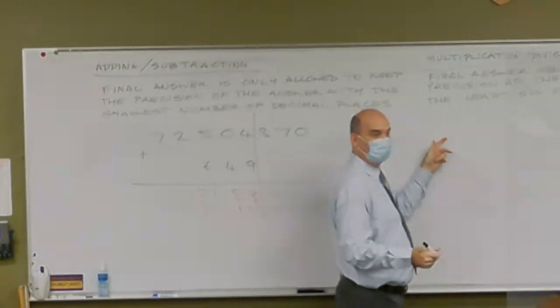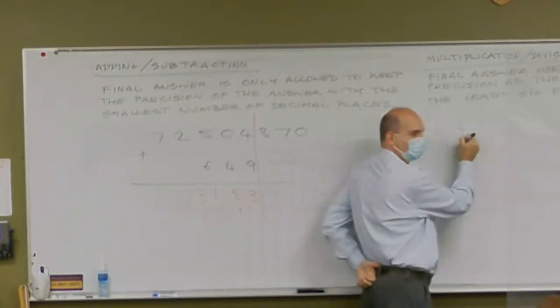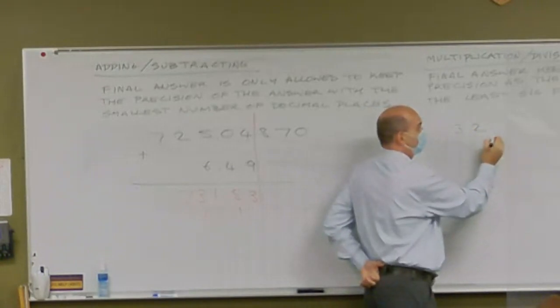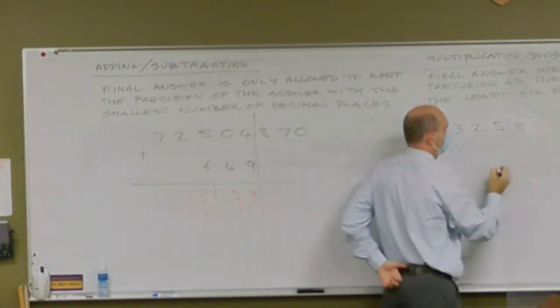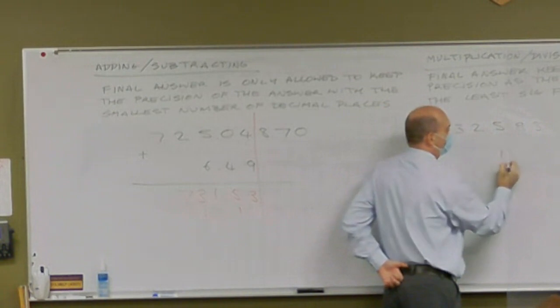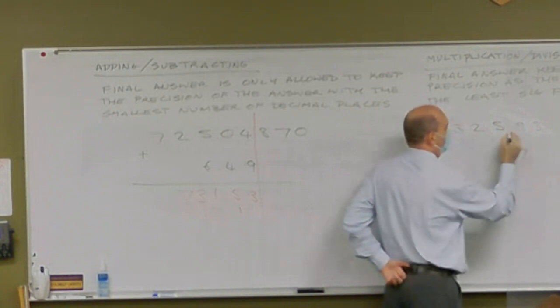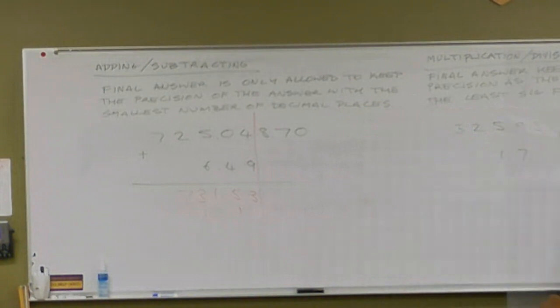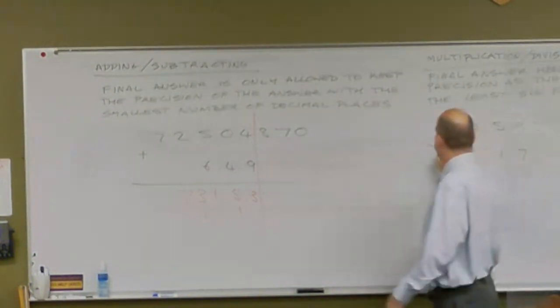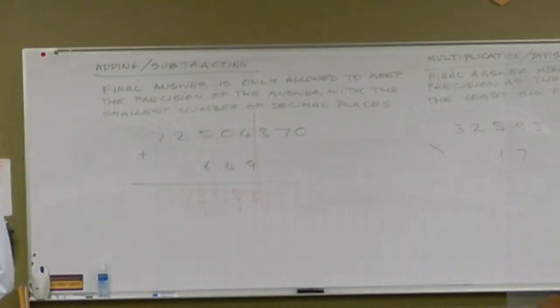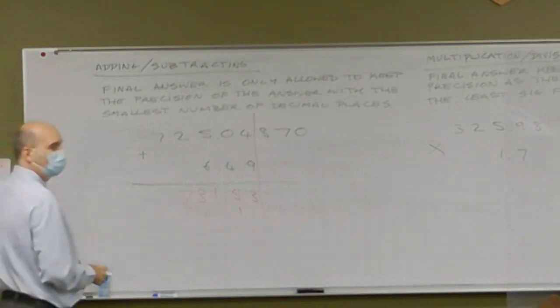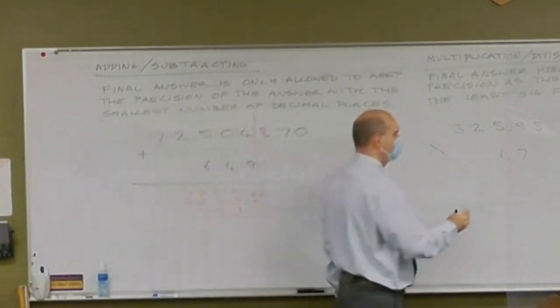Start throwing numbers at me. 2, 5, 9, 8, 0, I can ignore you, 0. 1, 7. You might need a calculator, unless you know your 17 times table.